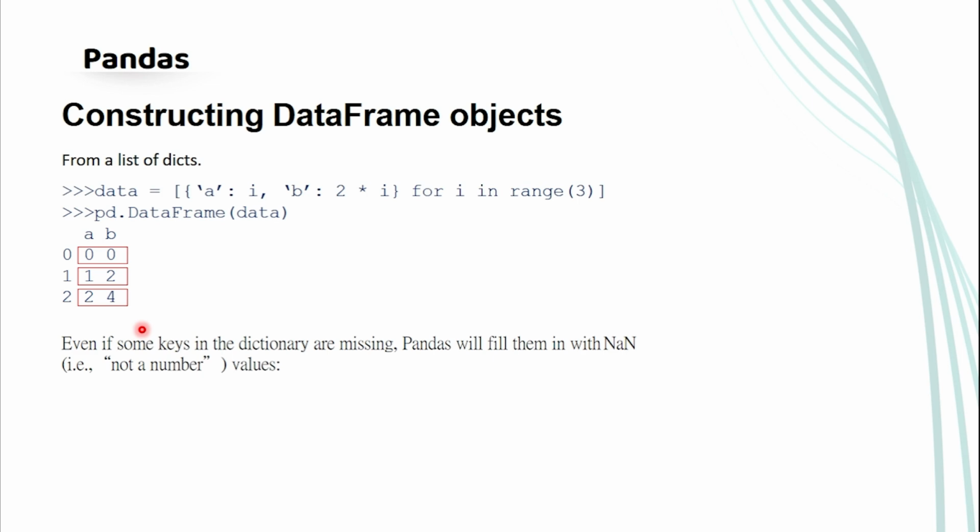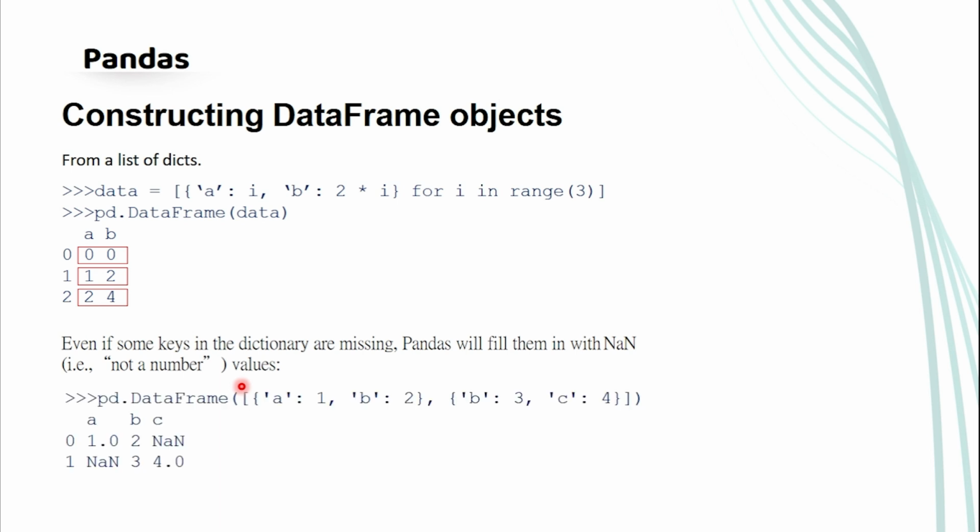And even if some keys in the dictionaries are missing, Pandas will fill them in with NaN. What is NaN? That is, not a number. Here we have two dictionaries: one has keys a and b, and the other has keys b and c.